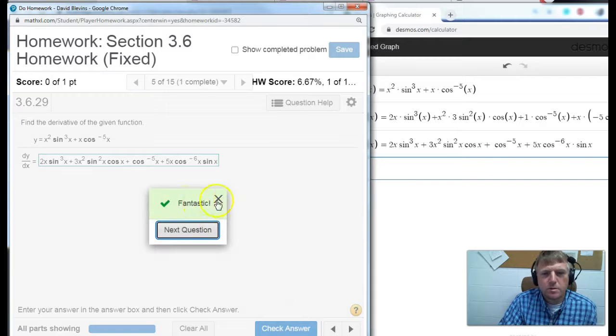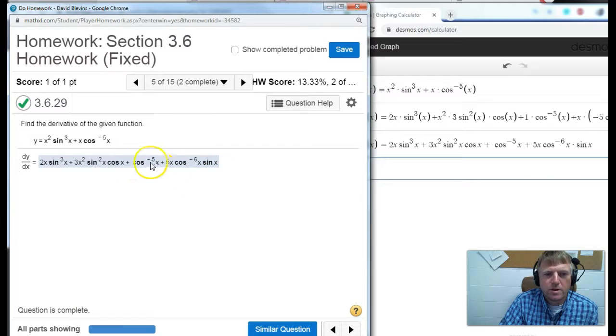There's other ways you could simplify this. I mean, with all the negative powers, you could call this secant and then pull out secant to the fifth, and that would leave a sine times secant, or sine over cosine, which is tangent. So there's other things you could do. You could pull out an x sine squared out of this term and do some other simplification.